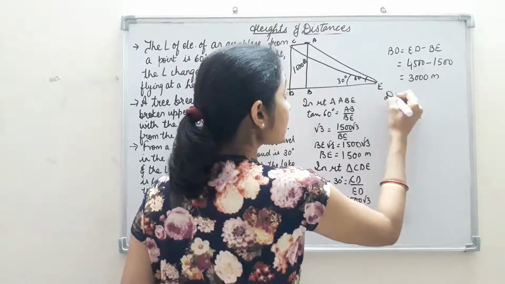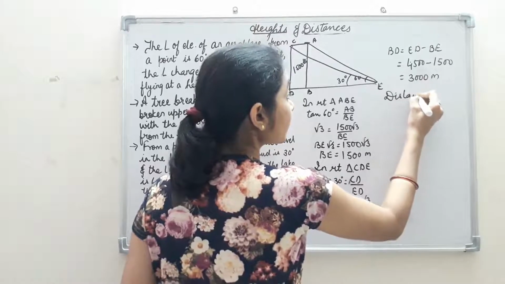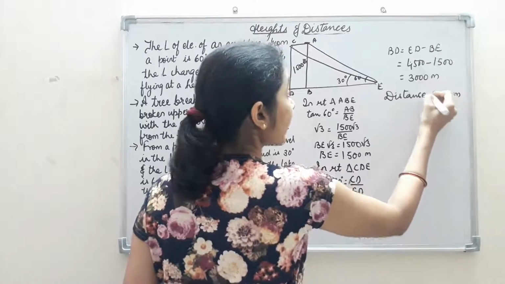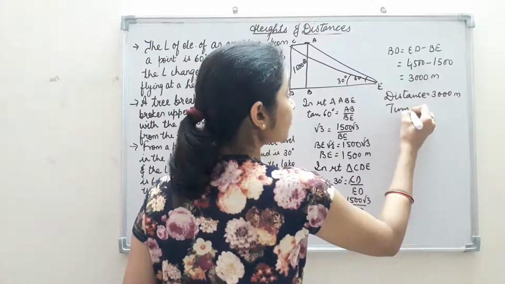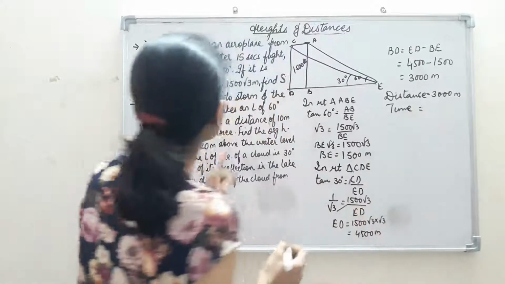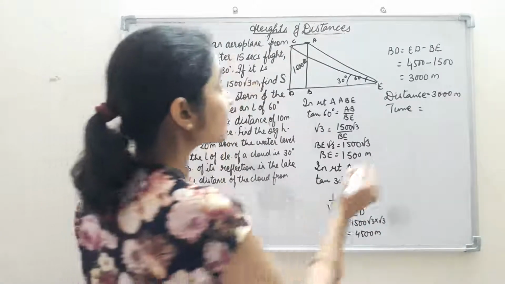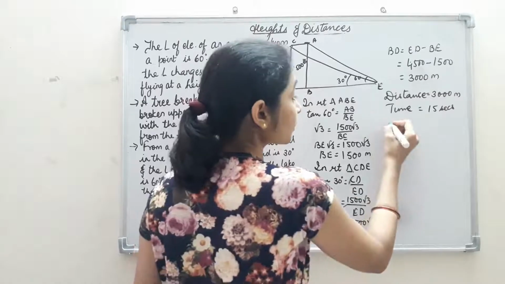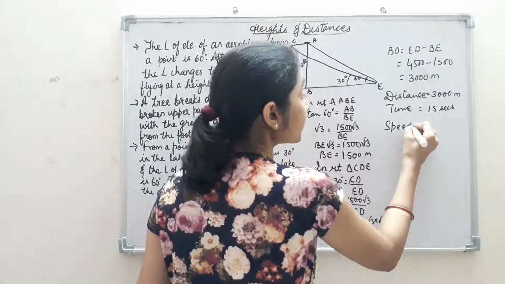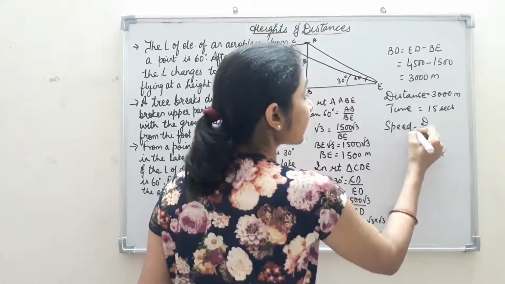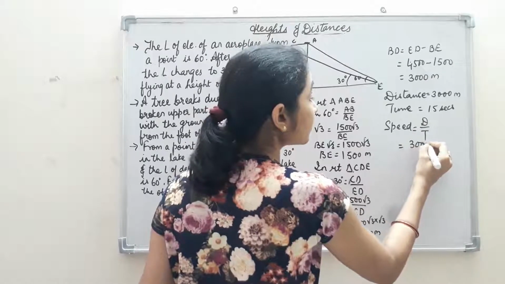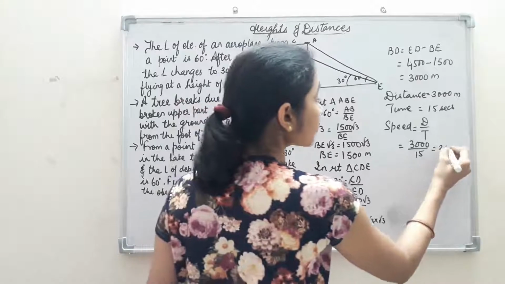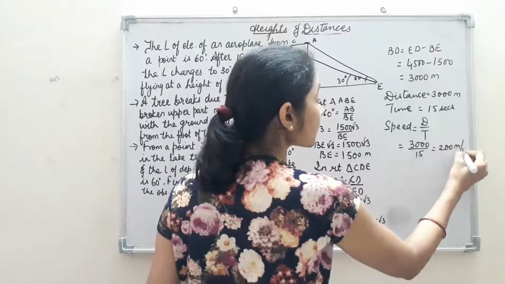So distance is equal to 3000 meters, and time taken we are already given here, and that is 15 seconds. So speed is equal to distance upon time, that is 3000 upon 15, and that gives us 200 meter per second.